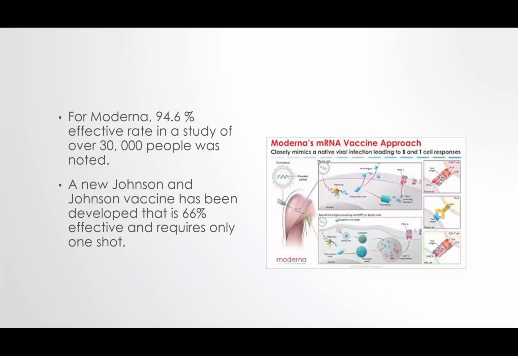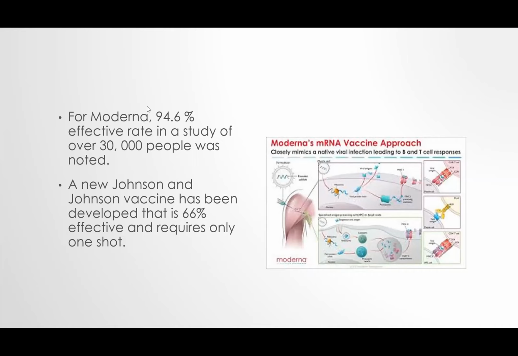For Moderna, 94%, it was proved to be 94.6% effective in a study of over 30,000 people. A new Johnson & Johnson vaccine has been developed that is 66% effective and requires only one shot. Both Moderna and Pfizer require 2 shots, roughly 21 to 28 days apart.